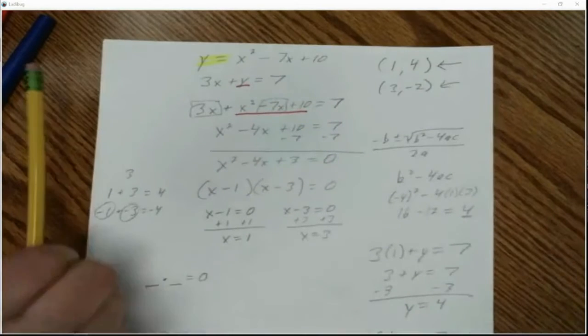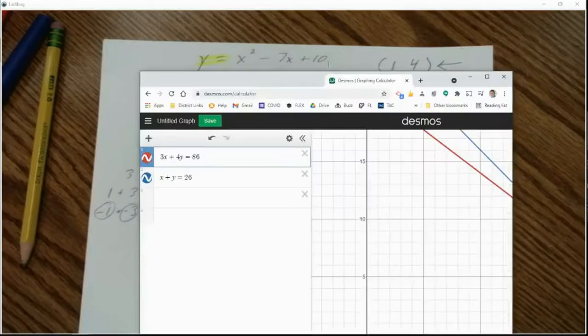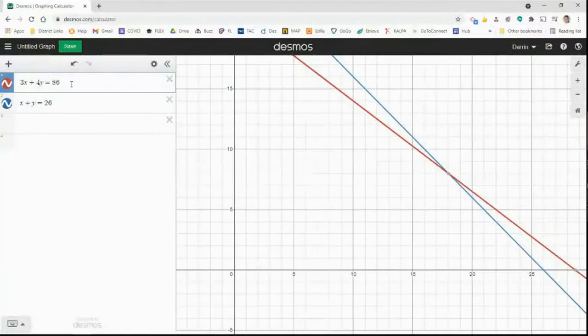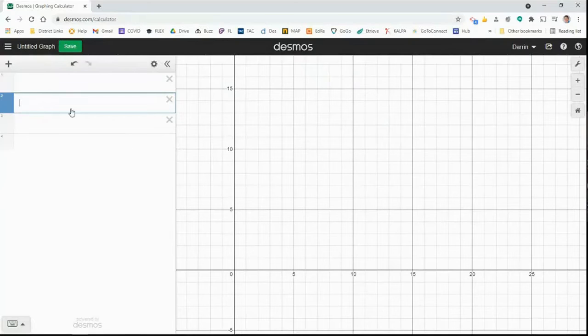Now, just like the linear equations, we can put up a graph. I'm going to delete those old equations, and we can graph these two.